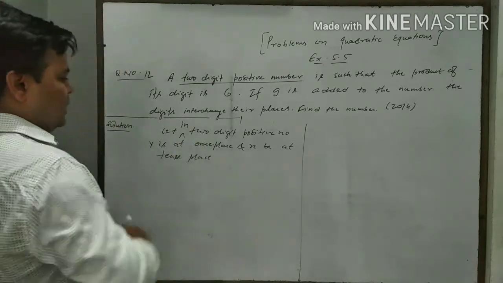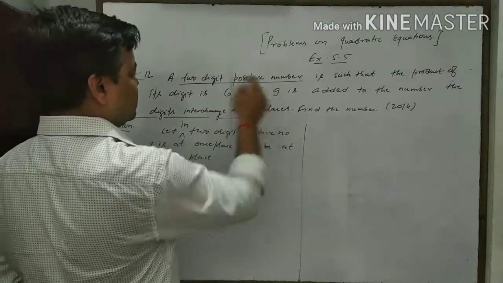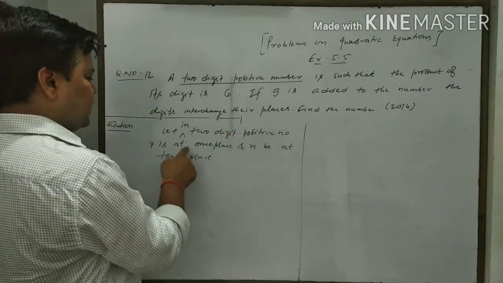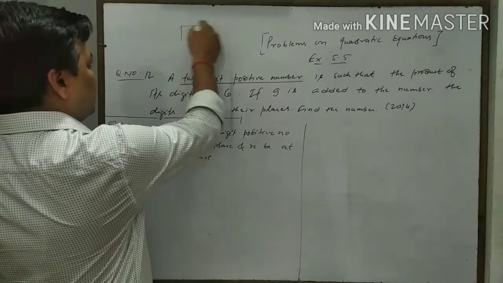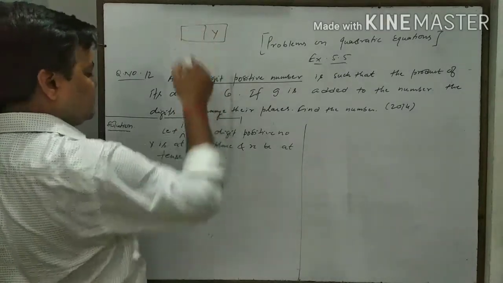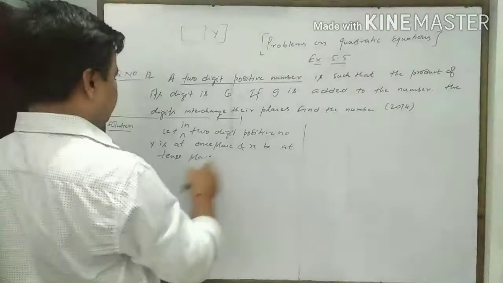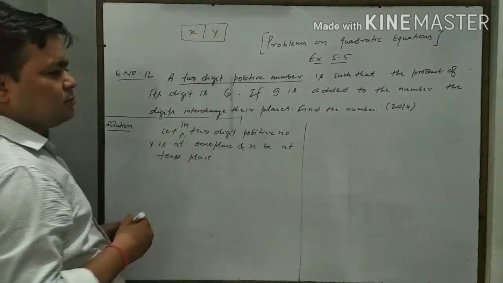Okay, let in a 2-digit positive number, y is at ones place like this way, and x be at tens place. Okay.